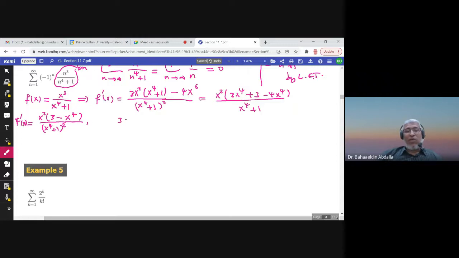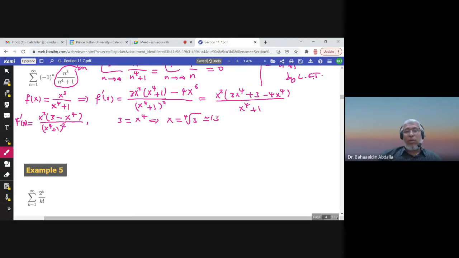Well, to find the zero of 3 minus x to the power 4, I put it equal to 0. So x would be the fourth root of 3. And the fourth root of 3, if I use the calculator, is approximately 1.3.